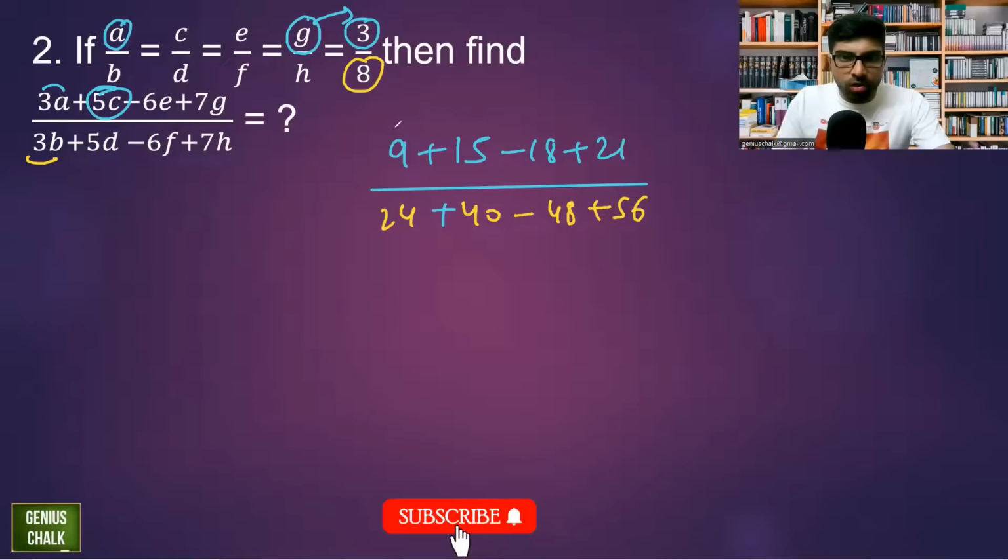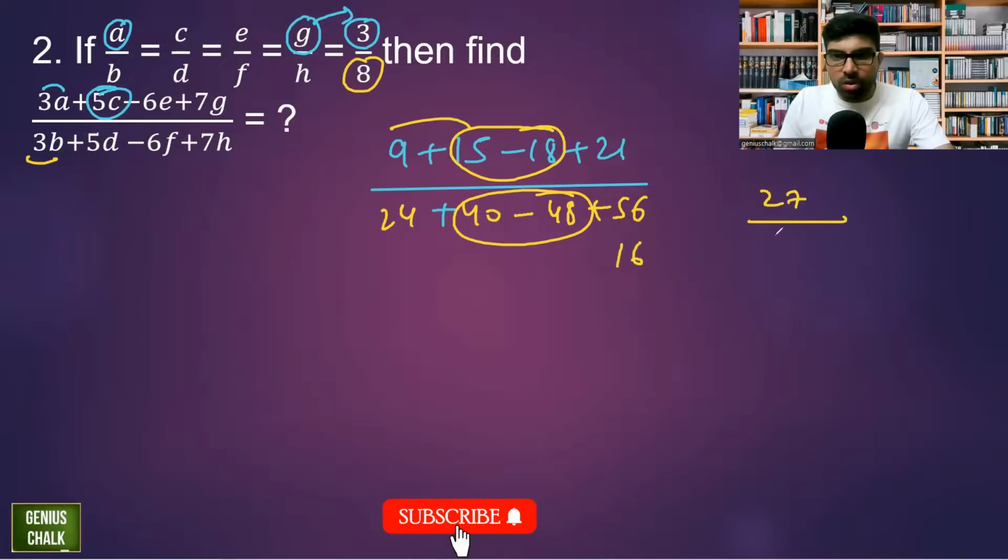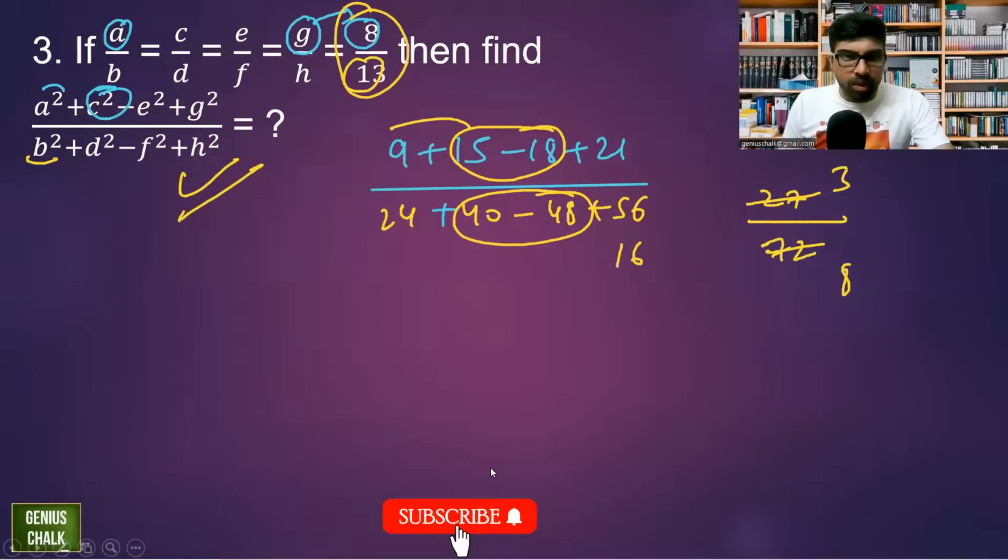Now if you try to solve, this is -3, so 6, so it is becoming 27, divided by, this is -8, so this is 16 plus 56, so this is 72, I guess. And now you can see 9 3s are 27, 9 8s are 72. Actual answer is also 3 by 8. So this is how you can prove this, but in the exam there is no need. Directly write your answer, 3 by 8.